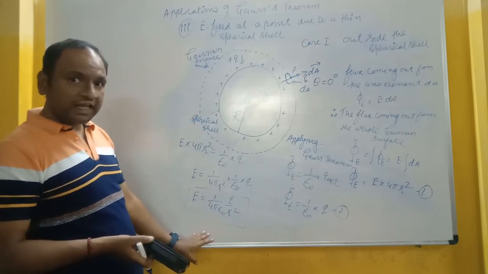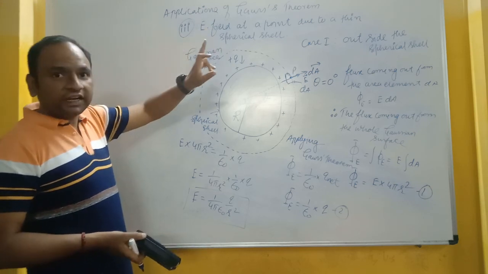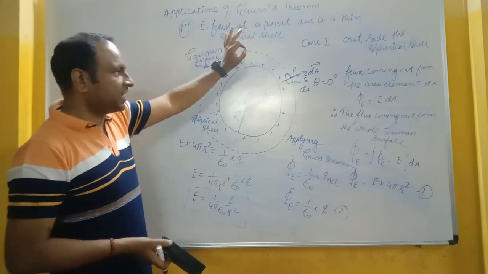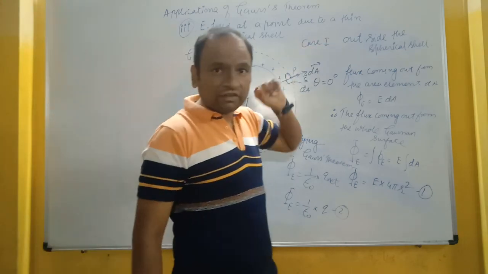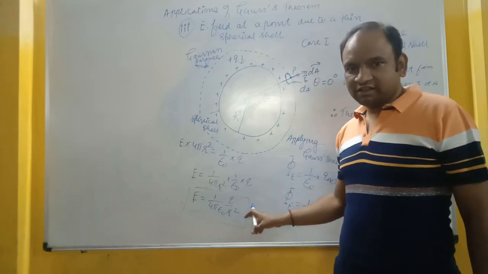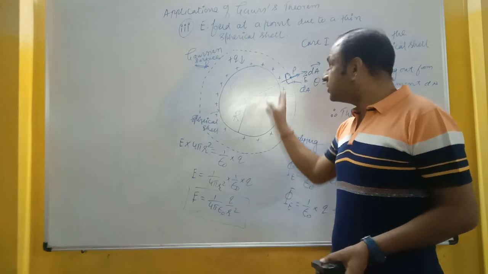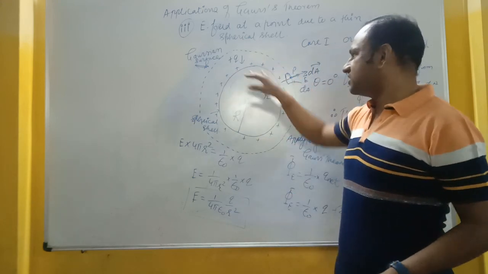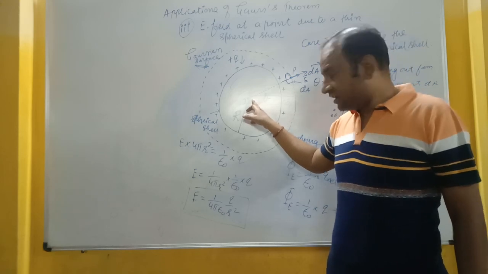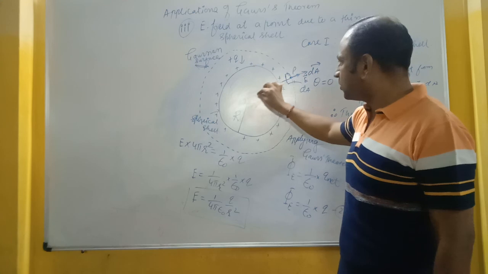So whenever we find the electric field intensity at a point due to a thin spherical shell, when that point is outside the spherical shell, the electric field is such that the whole charge is present right at the center of the spherical shell. Because this R is the distance of the observation point from the center of the spherical shell.